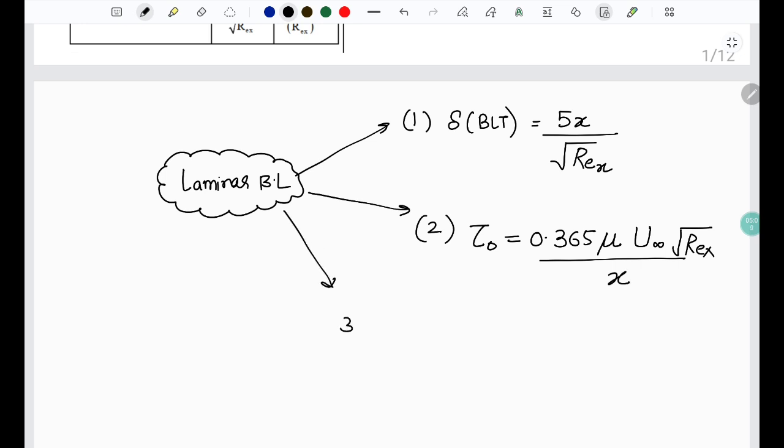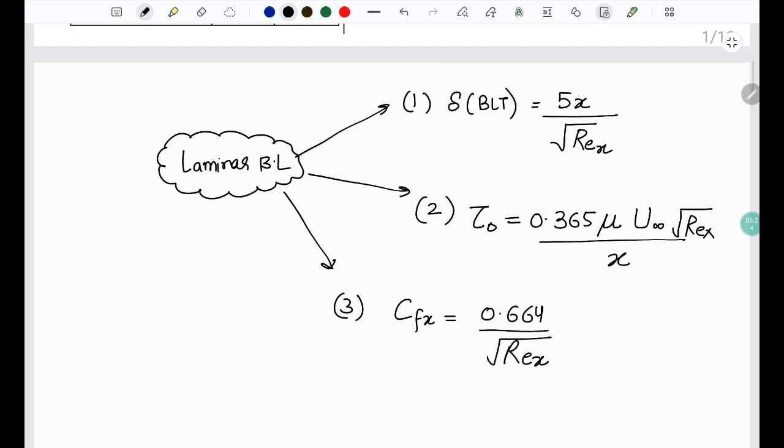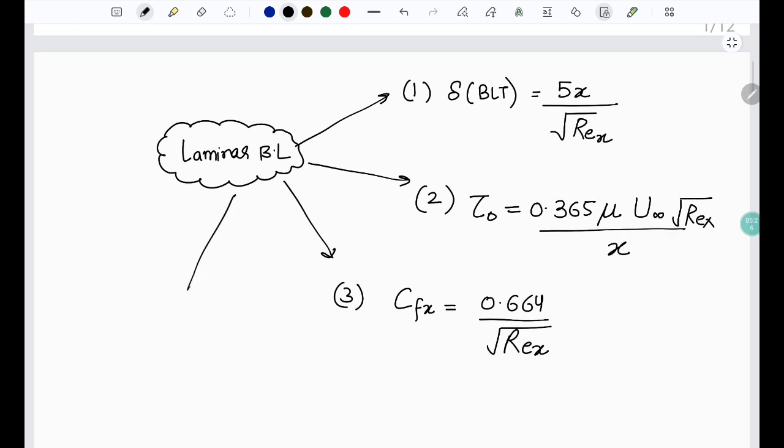The third entity is your local skin friction. Cfx is given by 0.664 upon root under Rex. And the fourth one is the coefficient of drag, or the average coefficient.